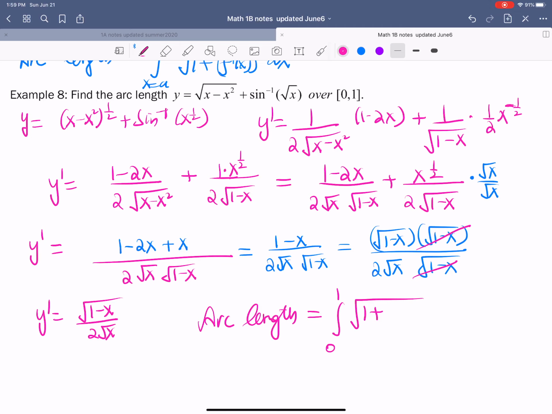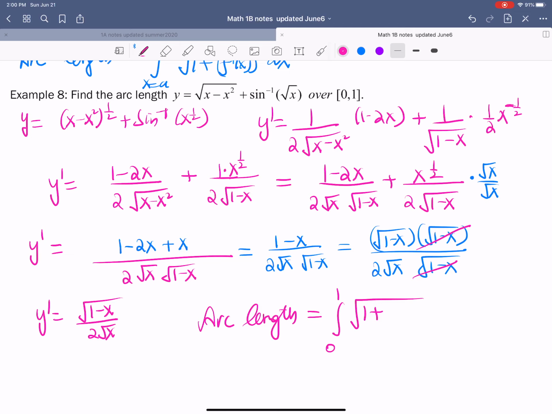Okay, x minus x squared to the power 1/2, that looks all good. 1 minus 2x plus x over 2 root x. So that would be 1 minus 2x. We did not have to multiply anything with the first fraction. Okay, so that turns out to be, there's a 1/4 over here.